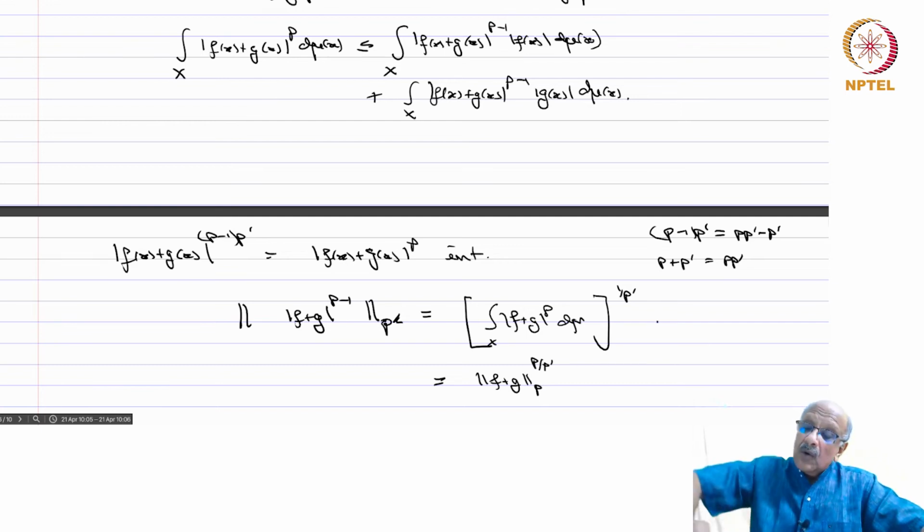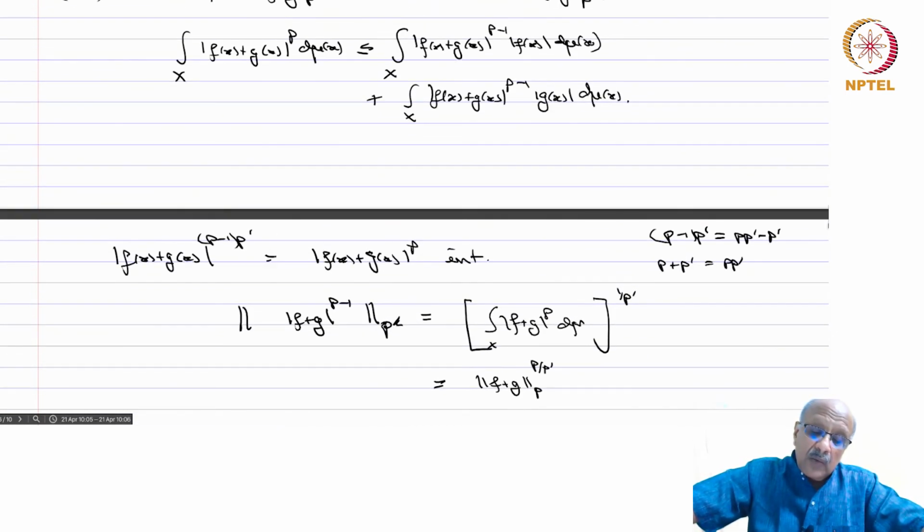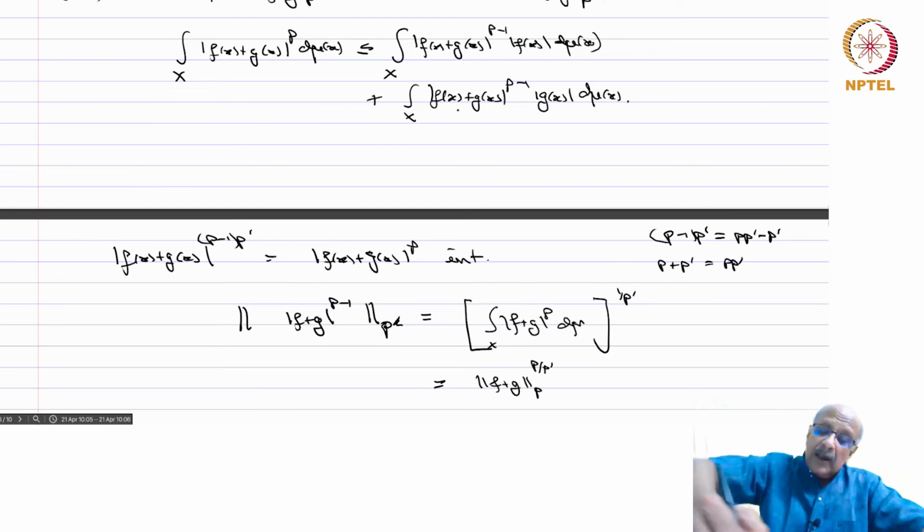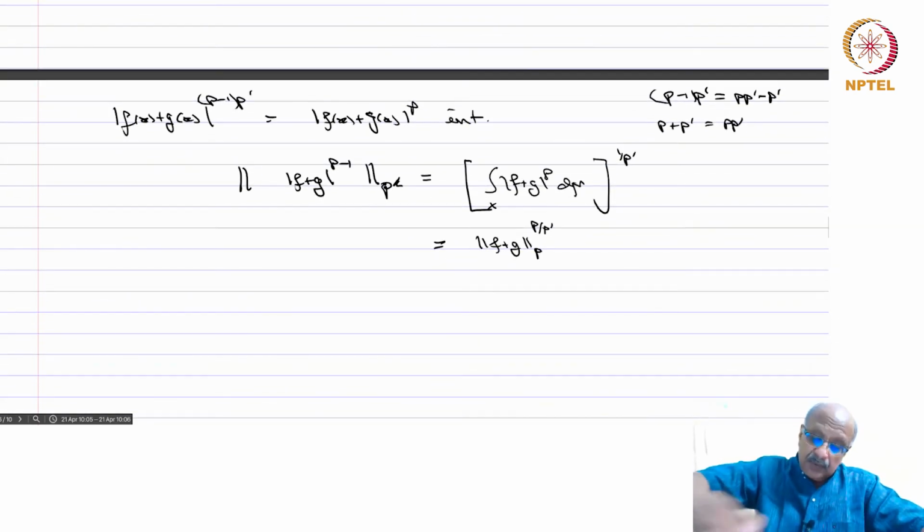Okay, so now having done all this work, we apply Hölder's inequality to each of the terms here.